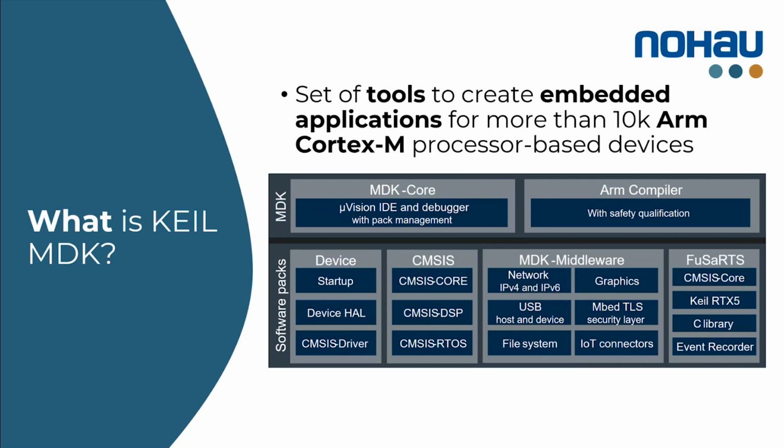And MDK provides royalty-free software components for communication peripherals in microcontrollers such as TCP/IP, USB, file system, and graphics. And the ARM FuSa runtime system is a set of embedded software components qualified for use in the most safety-critical applications in automotive, railway, medical, and industrial systems.